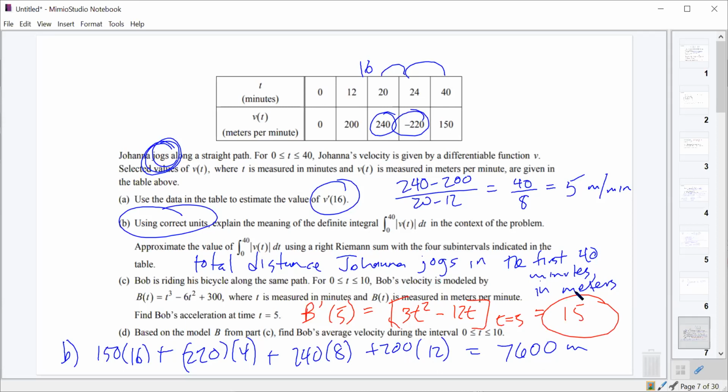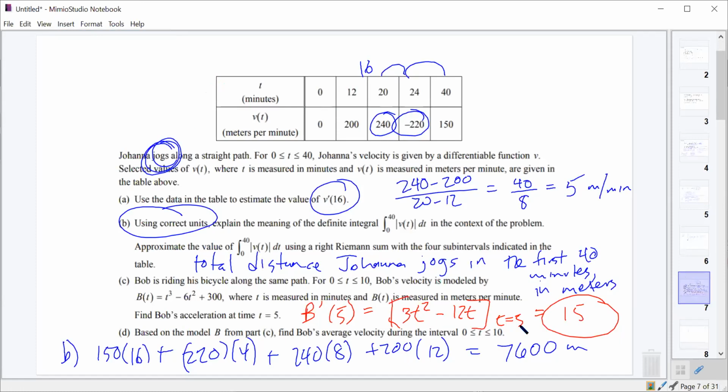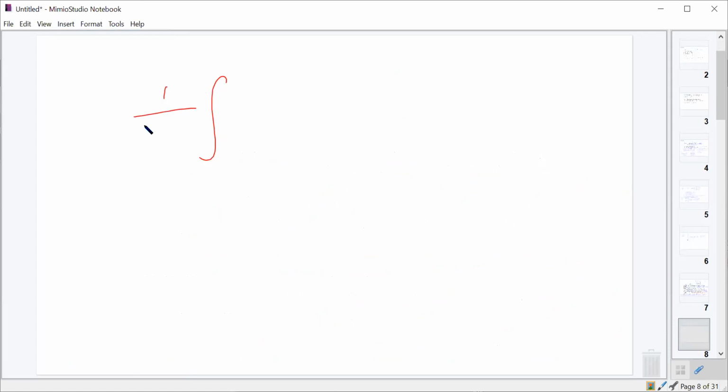Yeah. Wonderful. All right. Part D, find his average velocity. How do you find the average of a continuous function? Using the mean value theorem for integrals. So what did it say on the time interval 0 to 10? So 1 over b minus a times the integral from a to b of Bob's velocity.